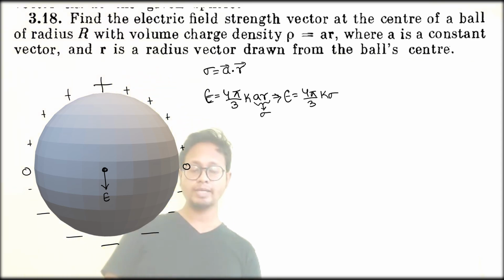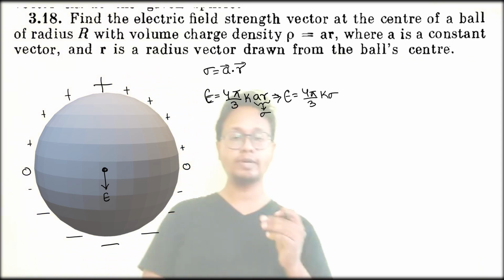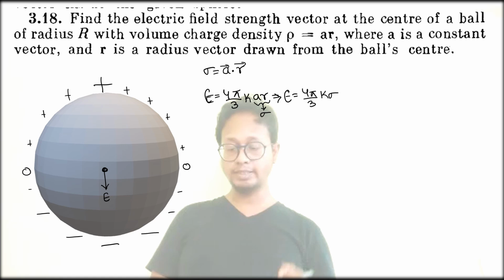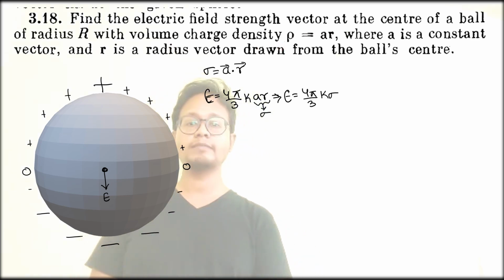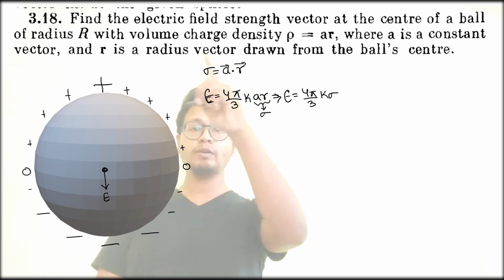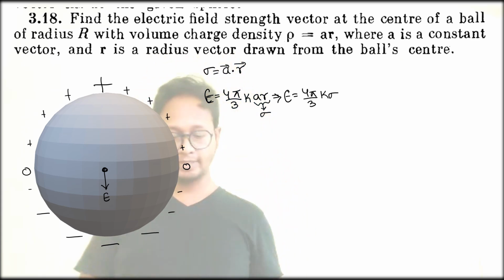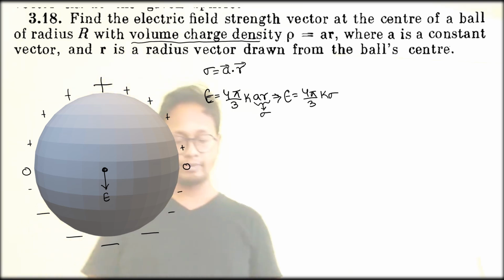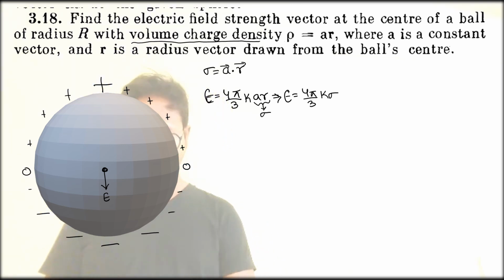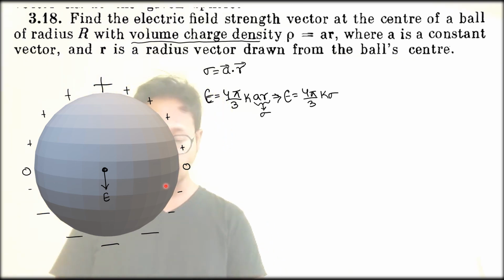Understood? The difference in this question is that, instead of surface charge density, volumetric charge density is given. See out here, volumetric charge density. So the charges are distributed throughout the volume of this sphere.